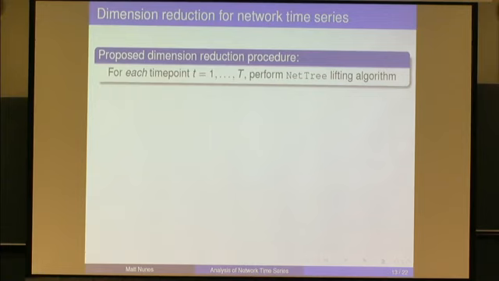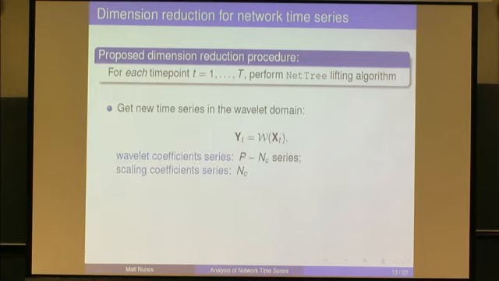And so now viewing this across time, we've transformed the data across time and across the network into something else. Now viewing it across time, we've got these detail coefficient series, so these wavelet coefficient series that we can look at now across time.